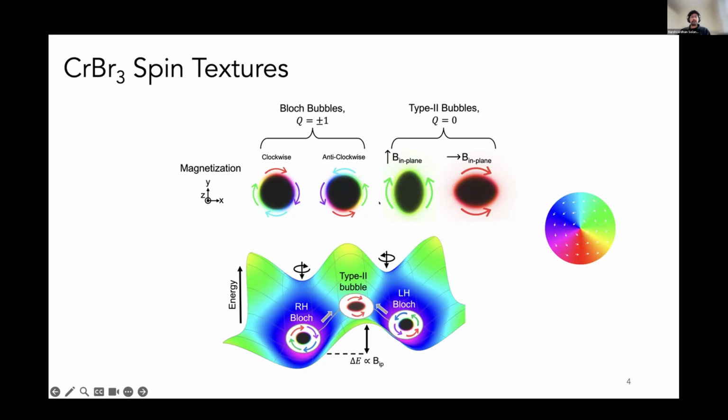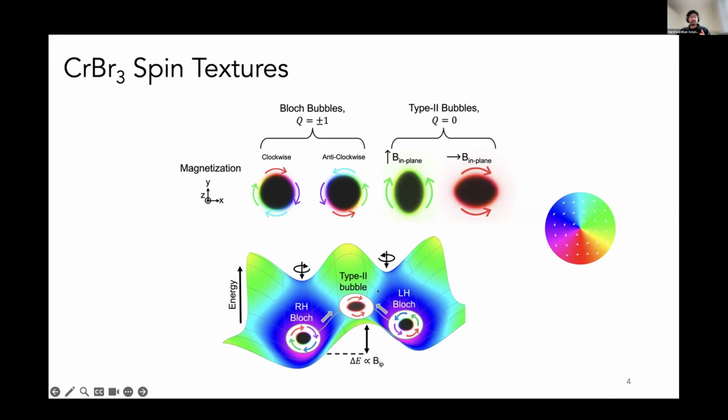So the general color scheme here is that the dark regions represent an into-the-plane magnetization, the white regions represent an out-of-the-plane magnetization, and the RGB color scheme represents an in-plane magnetization of these spins.